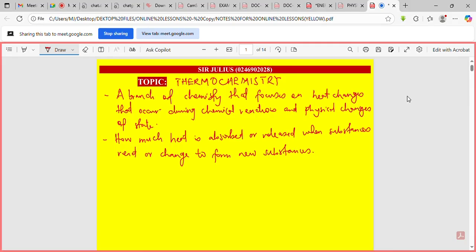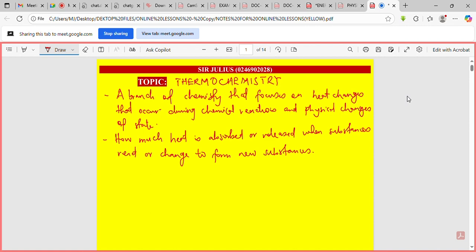For example, when you are burning wood, heat is released to the surroundings. Very soon, we are going to understand what surroundings mean in the context of chemistry. So we say that a reaction is exothermic because the heat is released to the surroundings.